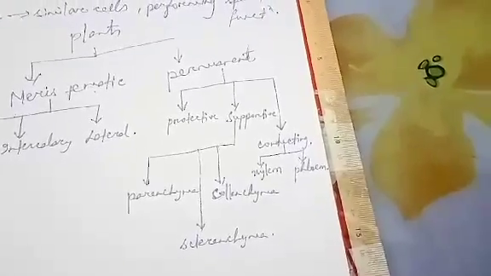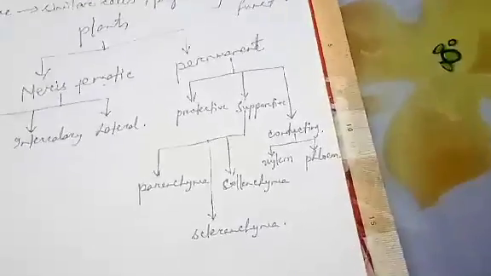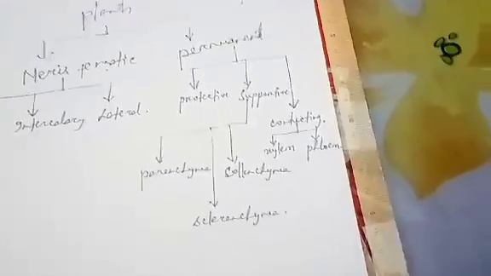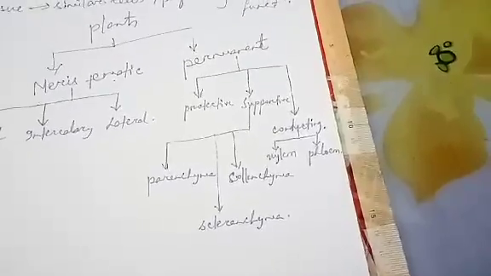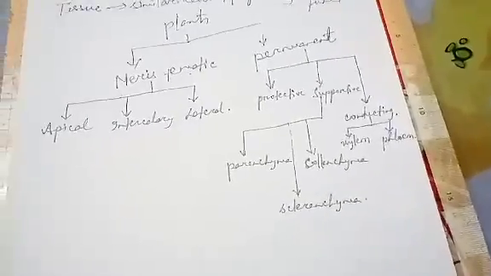The cells are also larger in size. They may be thin walled or thick walled, because some are living, some are dead. So these are some of the specific differences between meristematic and permanent tissues. Further, in your textbook, some characteristics of the meristematic tissues are given. You will go through them.